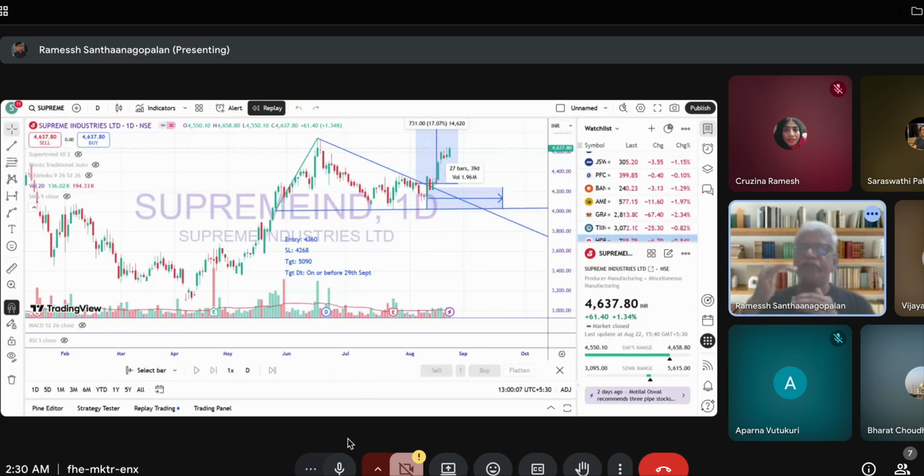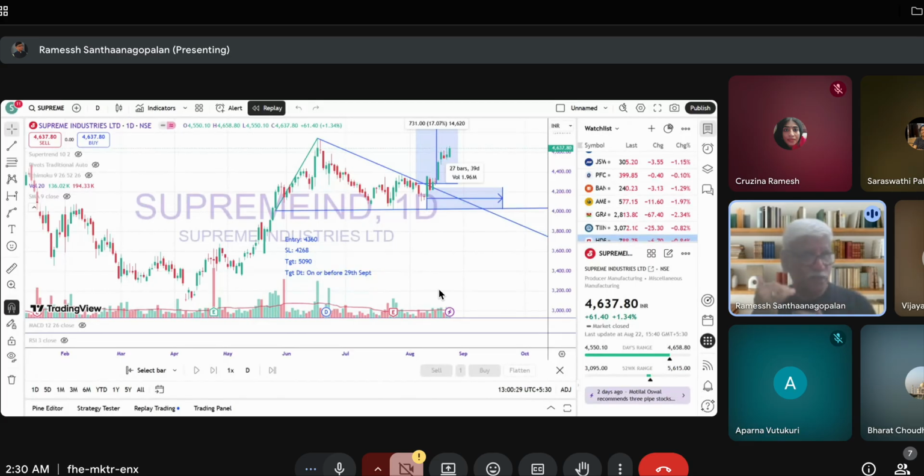Suppose, for example, 5090 is the target I have set as per the calculations. Now, suppose it reaches 5090 on some day and I did not sell.